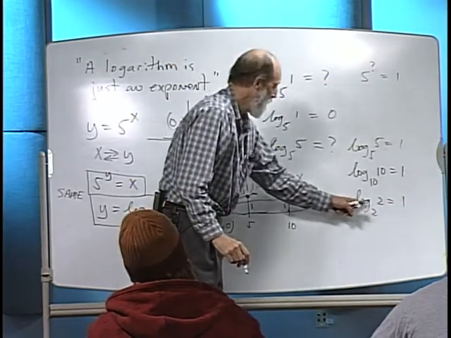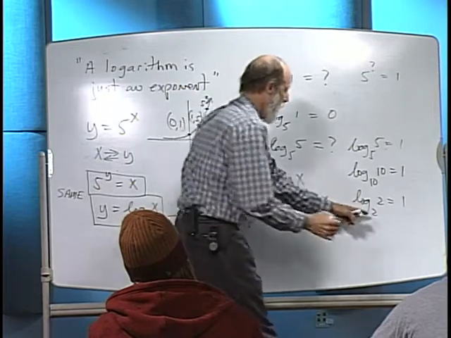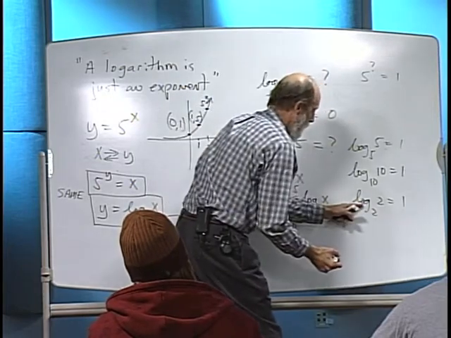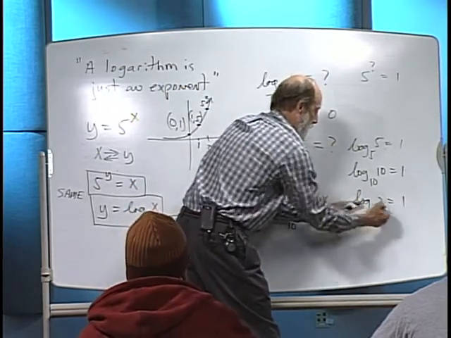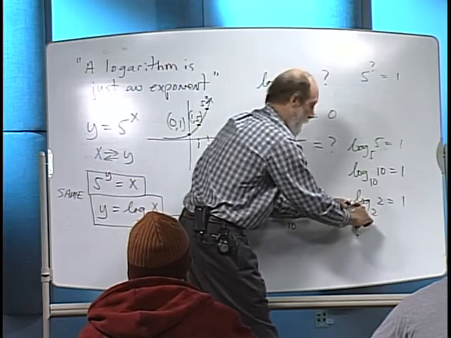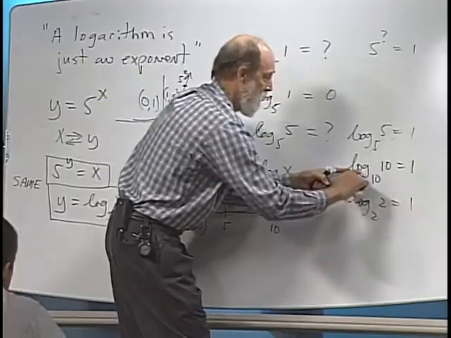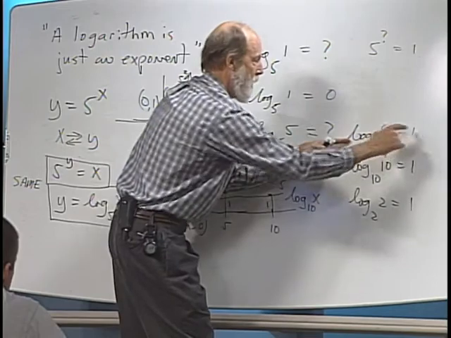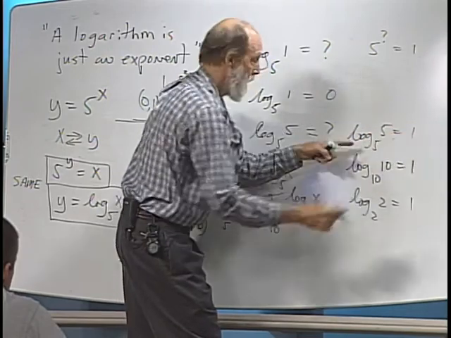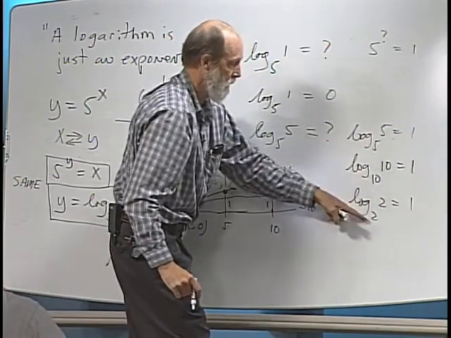The equivalent statements shown here is that the exponent here is 1, isn't it? So you see these logs here? The exponent is 1, the exponent is 1, the exponent is 1. The base is shown right here as a subscript.